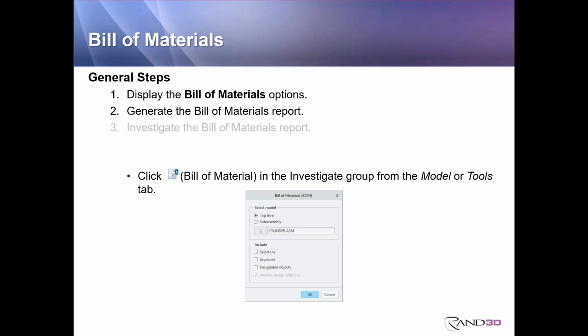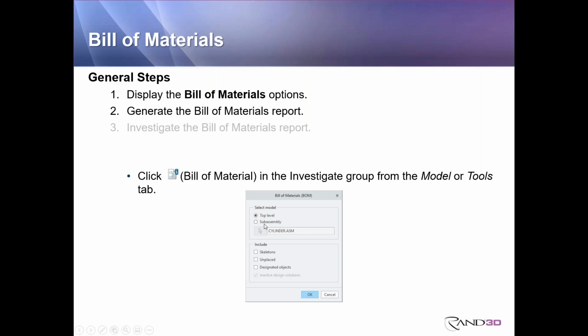Now, you need to first specify the model that you would like to get this quantitative list of components of. It doesn't have to be the entire assembly. It could be one of the assemblies assembled into your top level assembly. The system will assume top level initially, as you see the bullet next to that option, but you can make changes as required for the report that you're generating.